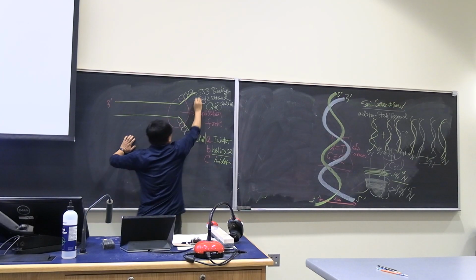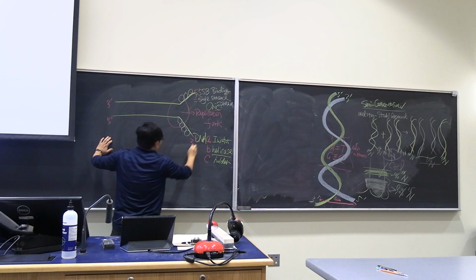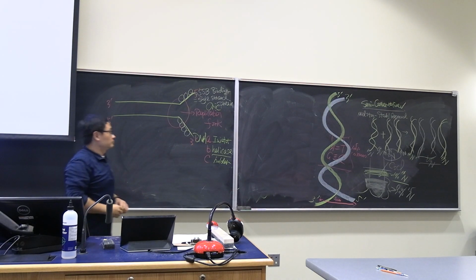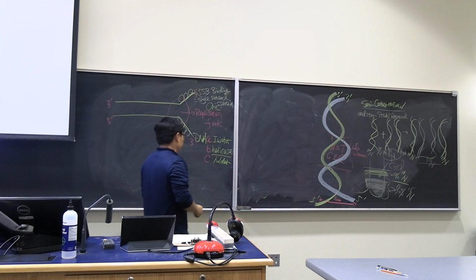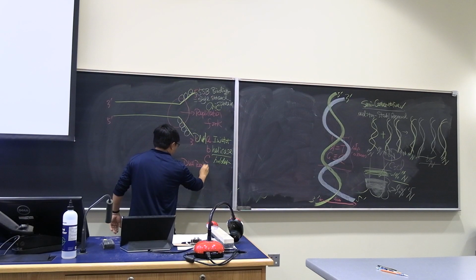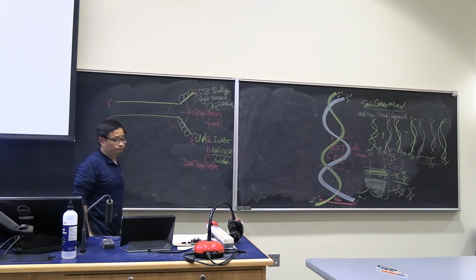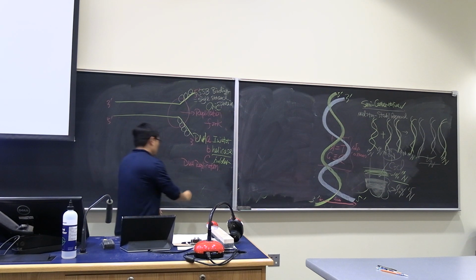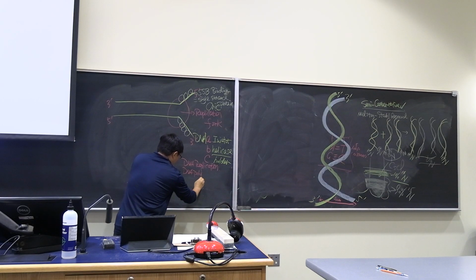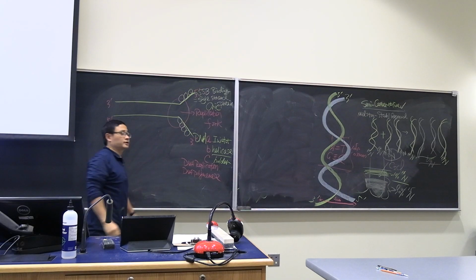Now, DNA has two different strands, 3' to 5', and 5' to 3'. For DNA replication, you should always know they need an enzyme, obviously called DNA polymerase, because replication is a polymerization process.